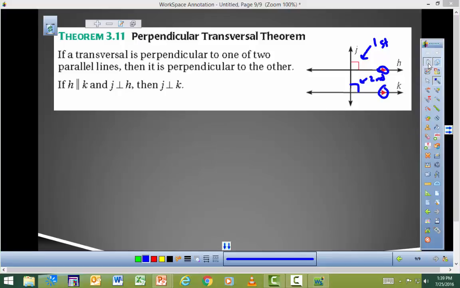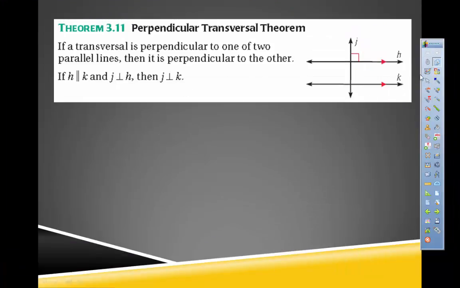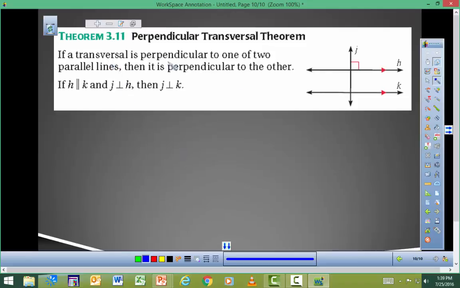So if a transversal, now by transversal, remember it's a line that intersects two other lines at two different points. So we do have a transversal, that's what J is right here. If a transversal is perpendicular to one of two parallel lines, then it's perpendicular to the other one.